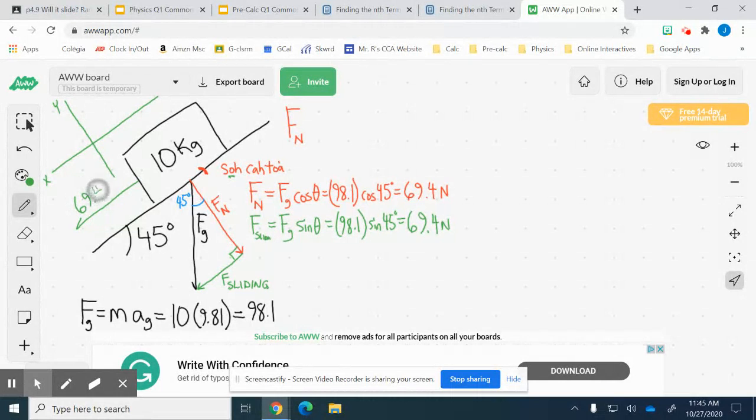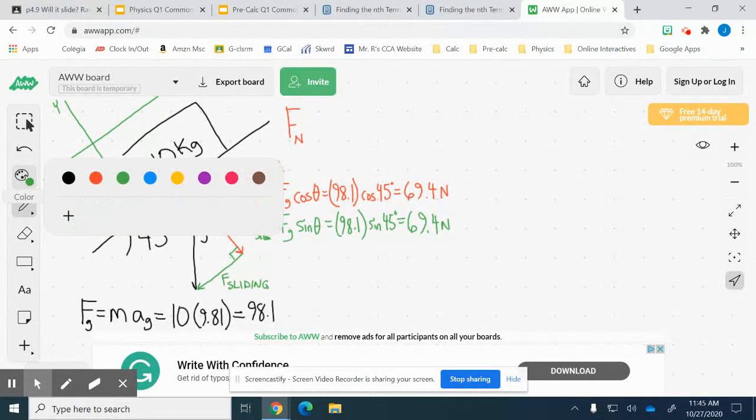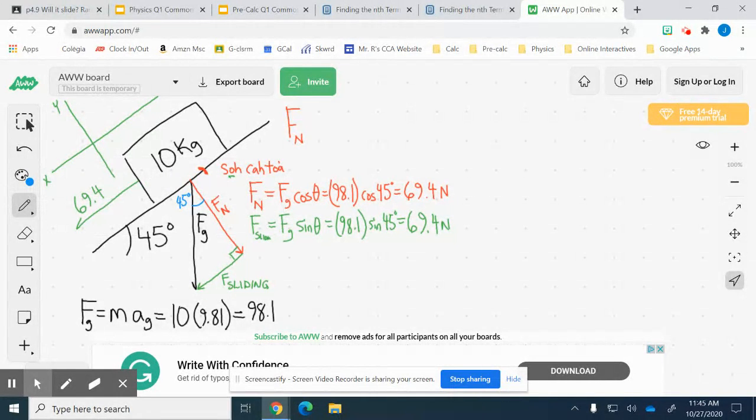Now we need to find another color, and I have blue. Blue will work. So now we need to find the force of friction holding this back.